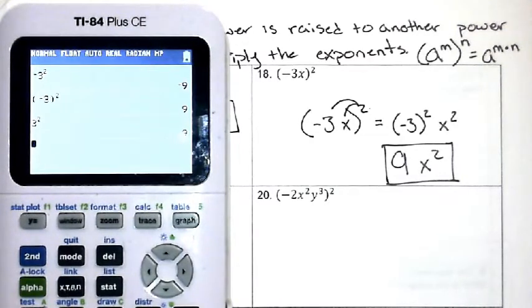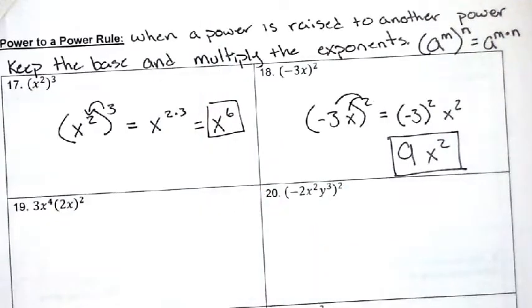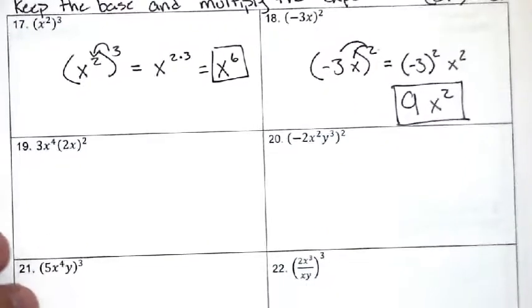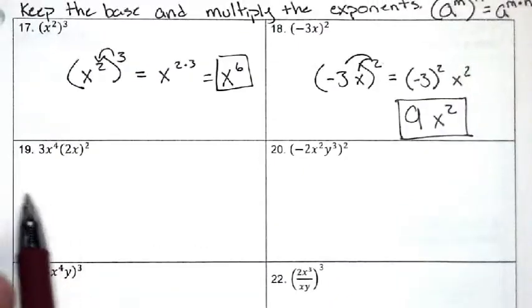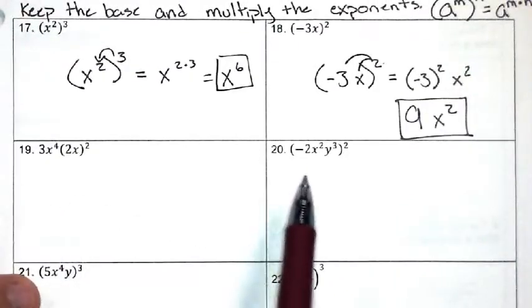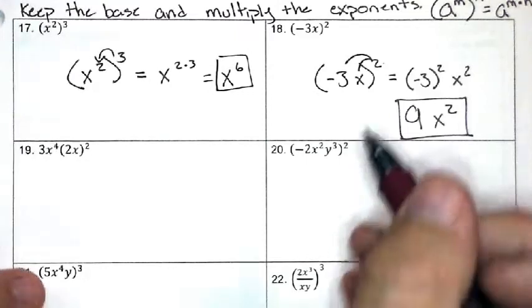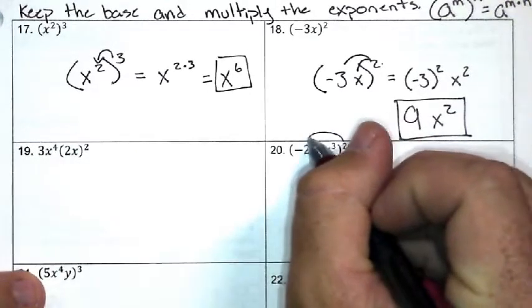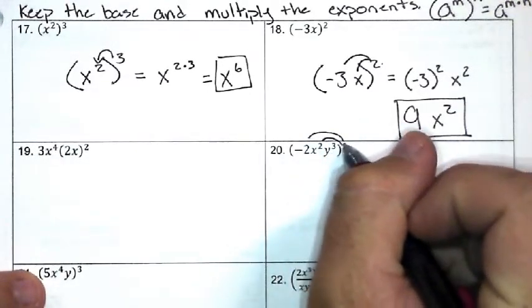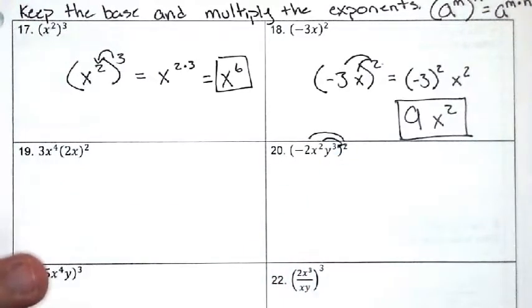So, more practice. Looking at number 20. We're going to go to 19 after this one. Okay, number 20. I want to distribute this 2 to what? To everything. Every single exponent possible. So what I have is parentheses -2 squared x.